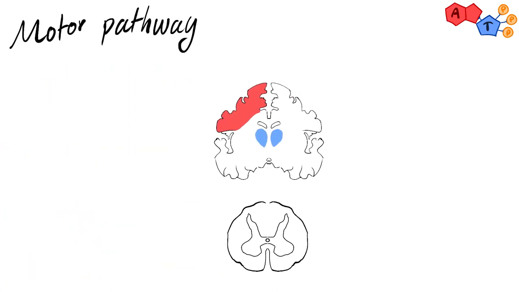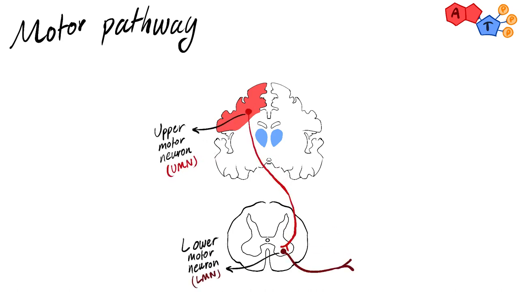However, in descending or motor tracts, we usually consider upper motor neurons and lower motor neurons instead of first, second, and third order neurons. Upper motor neurons are the neurons traveling from higher motor centers of the brain till the anterior horn of the spinal cord or the nuclei of the cranial nerves. They synapse there, and then lower motor neurons arise from the same place to supply the end organ, which can be, for example, your biceps to help you carrying and enjoying your cup of tea.